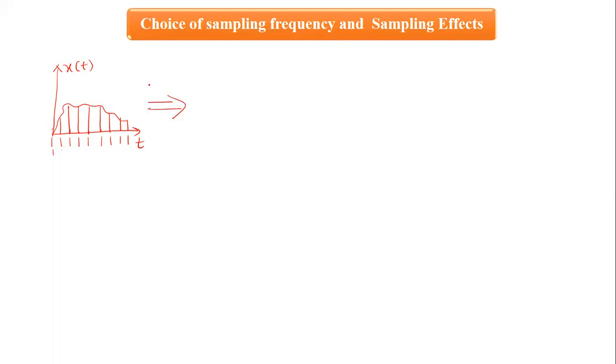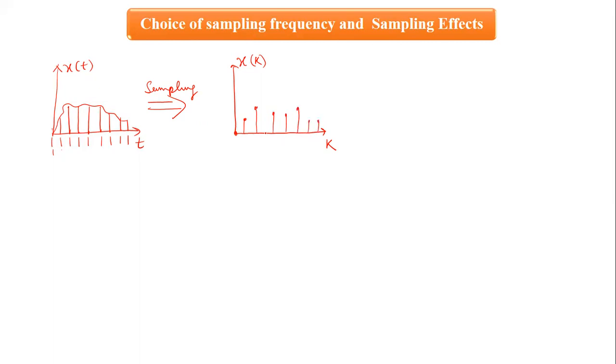When you sample this, you get some sample data. So instead of t, now we have k. Instead of x(t), now we have x(k). Now we have samples basically. So we have the zero sample, then here, then here, and like this.